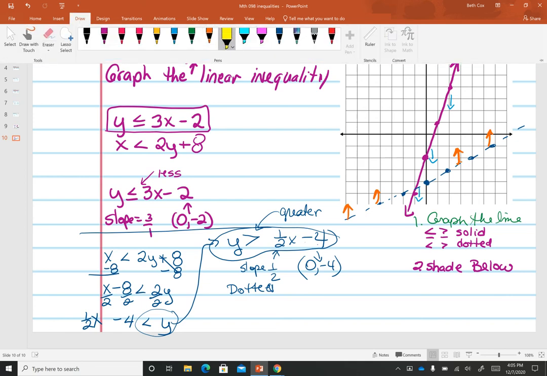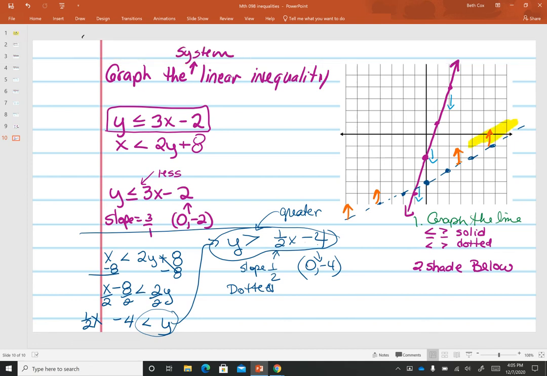Our 2 lines divide everything into 4 sections, but only one section has both arrows, and that's that section. So that's the section you're going to shade. The other 3 sections don't have both sets of arrows pointing into it.